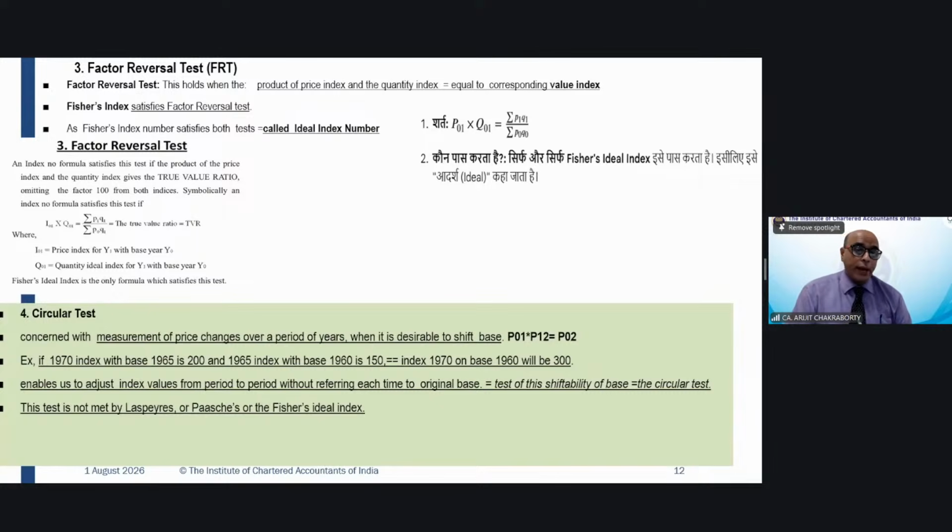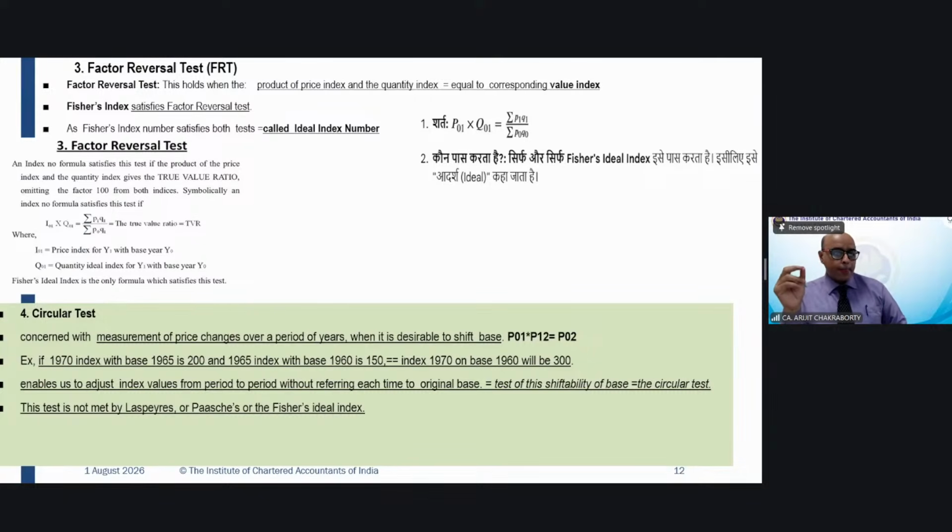Now we have 1970 index with the base of 1965 is 200. So here the year 1 is 1965, year 2 is 1970. So 1970's index with respect to 1965, yani P12 is given, it is coming to 200.